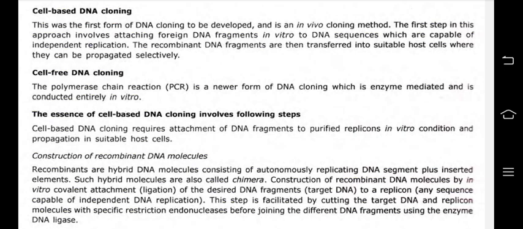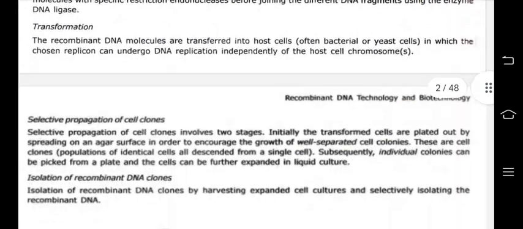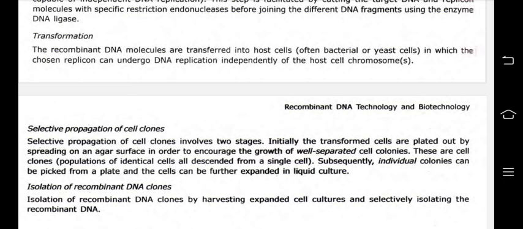Construction of recombinant DNA molecules is by in vitro covalent attachment, or ligation, of the desired DNA fragments (target DNA) to a replicon, any sequence capable of independent DNA replication. This step is facilitated by cutting the target DNA and replicon molecule with specific restriction endonucleases before joining the different DNA fragments using the enzyme DNA ligase. The recombinant DNA molecules are transferred to host cells, often bacterial or yeast cells, in which the chosen replicon can undergo DNA replication independently of the host cell chromosomes.